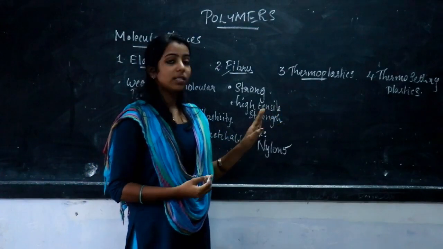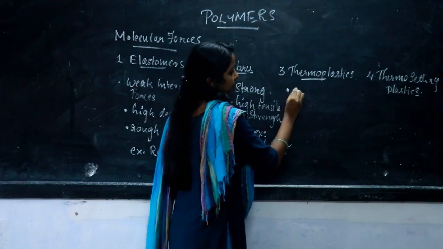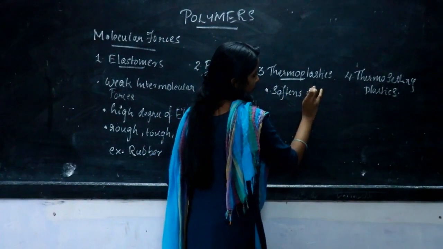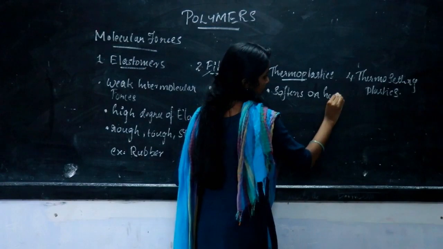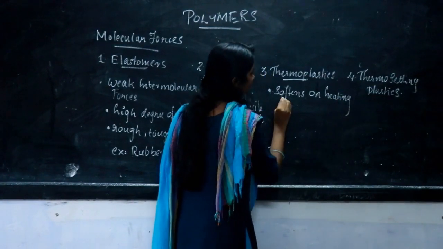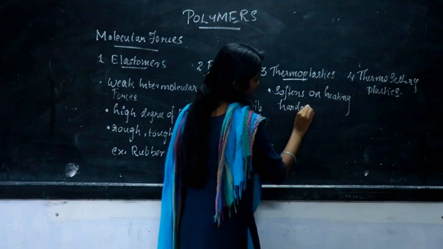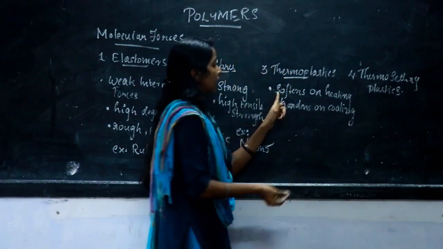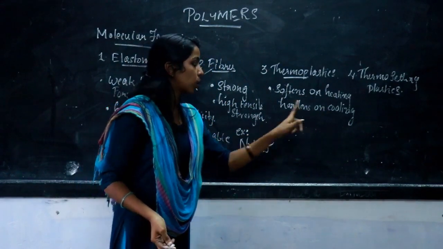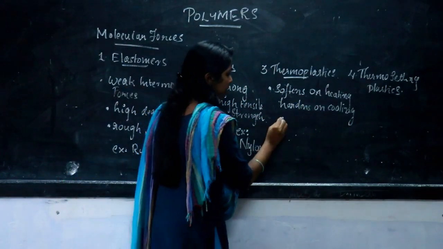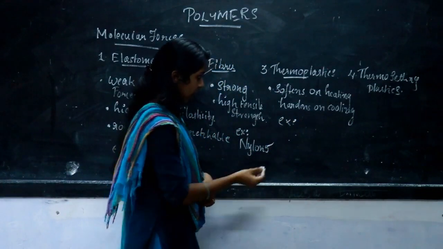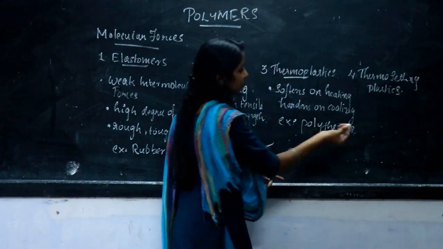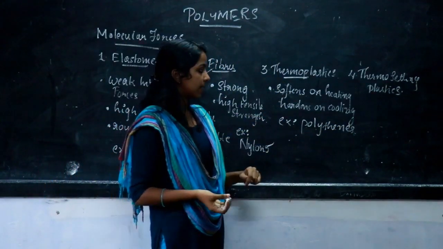Such polymers soften on heating and harden on cooling. Examples of thermoplastics are polythenes.